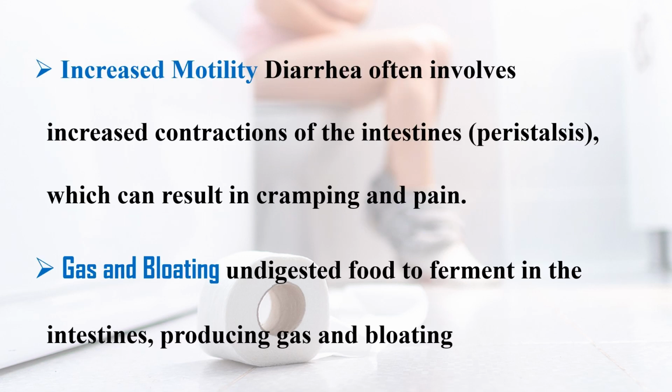Increased motility. Diarrhea often involves increased contraction of the intestine, which can result in cramping and pain. Gas and bloating. Undigested food ferments in the intestine, producing gas and bloating.